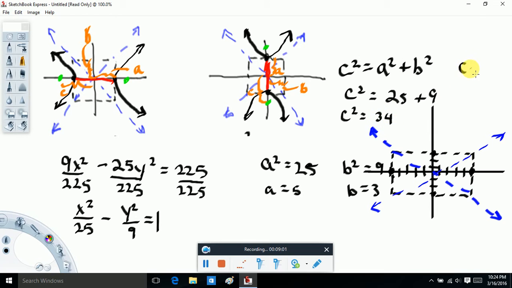So c equals the square root of 34, which is about 5 point something. We know the foci are going to lie along the transverse axis, right? The transverse axis is the x-axis. So we go a little bit more than 5.